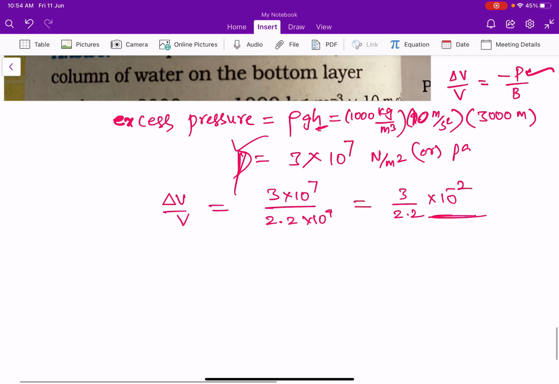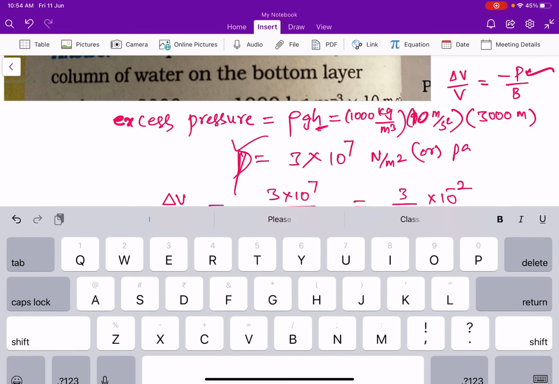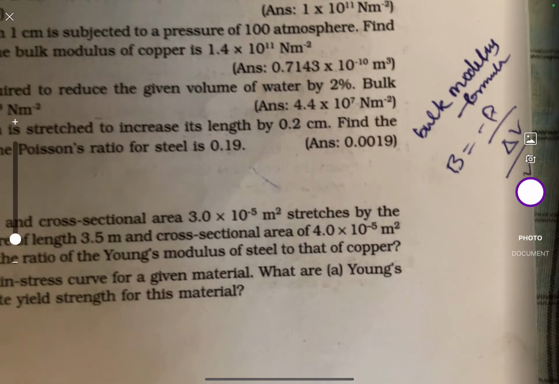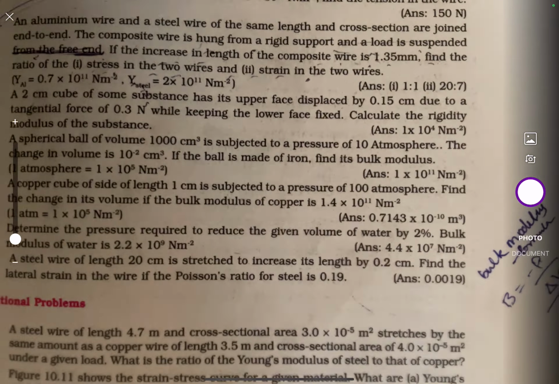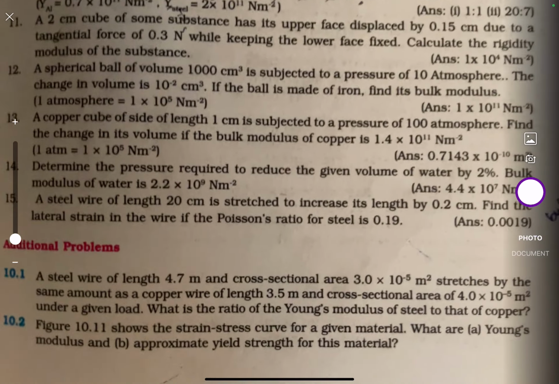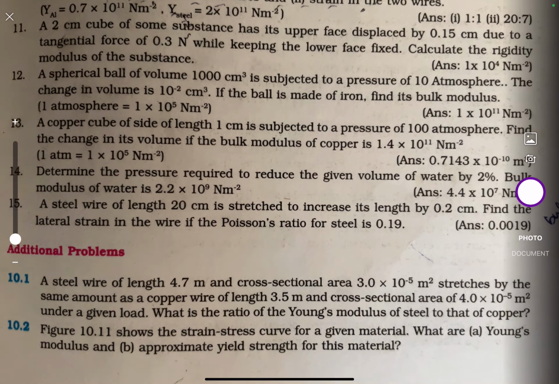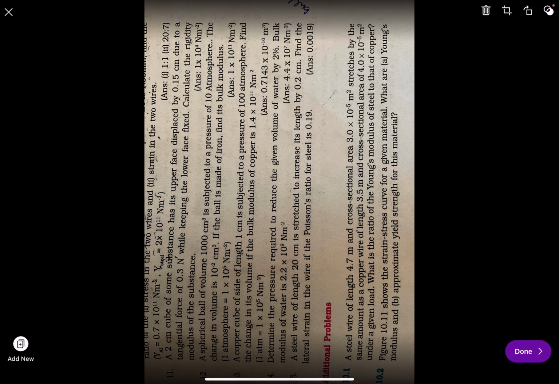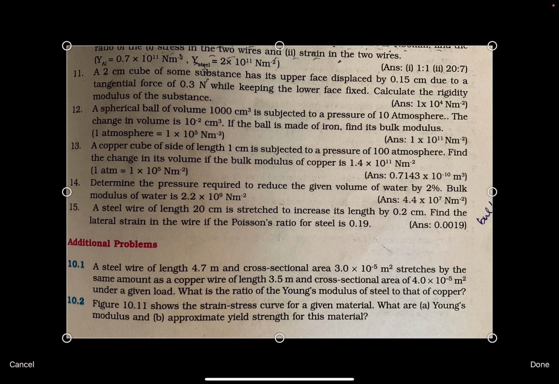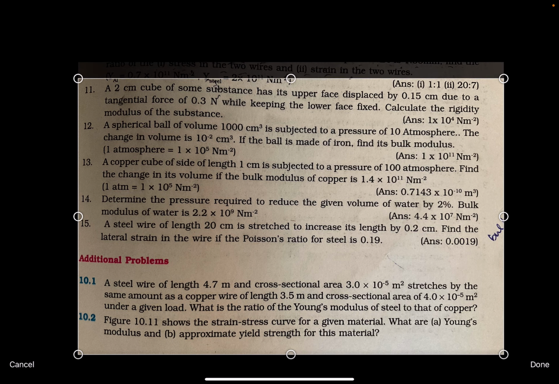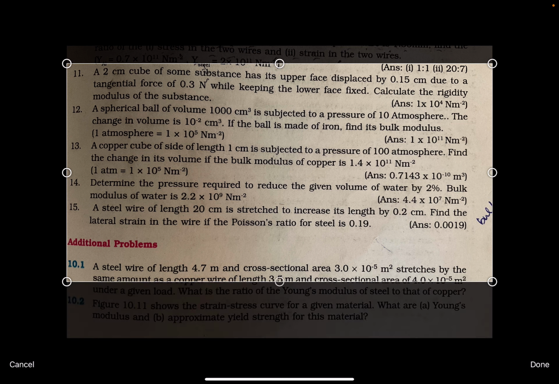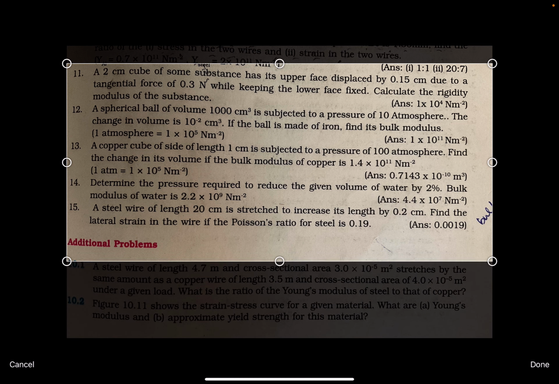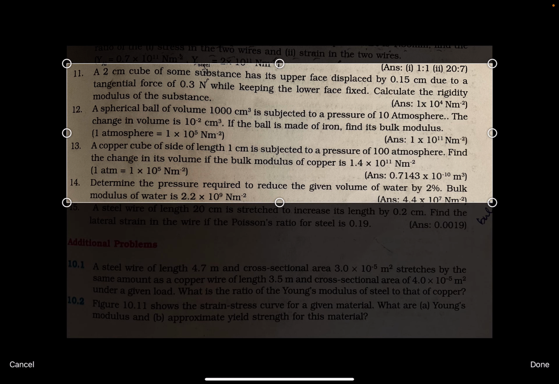Now I am going to give some clues for problems 11, 12, 13 and 14.